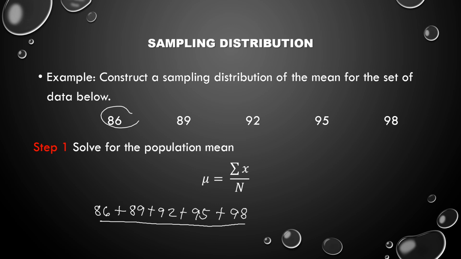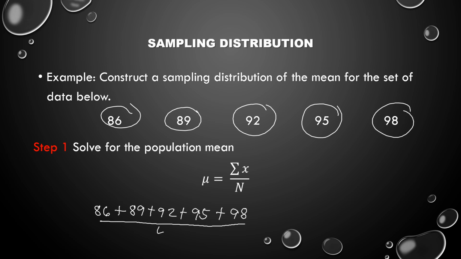We have 1, 2, 3, 4, and 5, so 5 values. This is how we get our population mean. So, 86 plus 89 plus 92 plus 95 plus 98, divided by the population size of 5, is equal to 92. So our population mean is 92, which is simply our average.